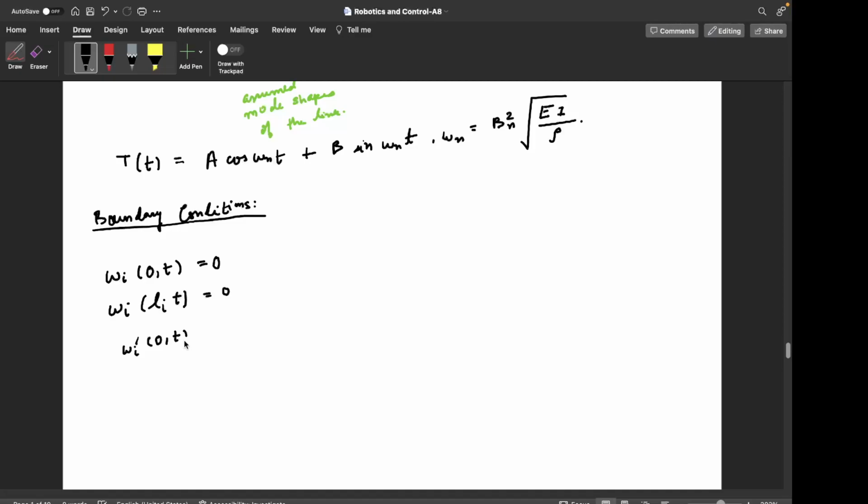So these boundary conditions would depend on whether it is pinned, fixed, or free. They depend on that, right? So this would be one for the fixed case.